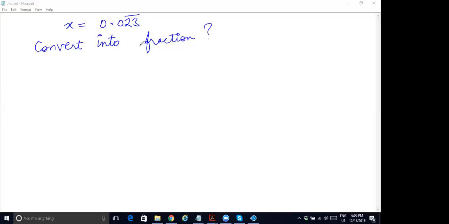So basically, to convert a recurring decimal into a fraction, it is a three-step process.